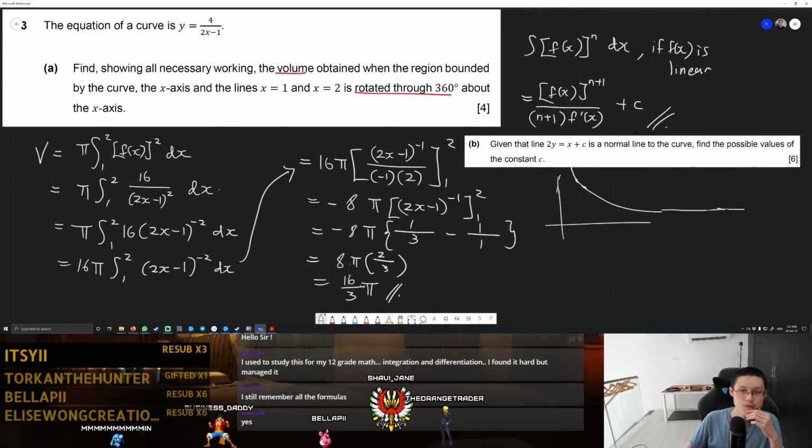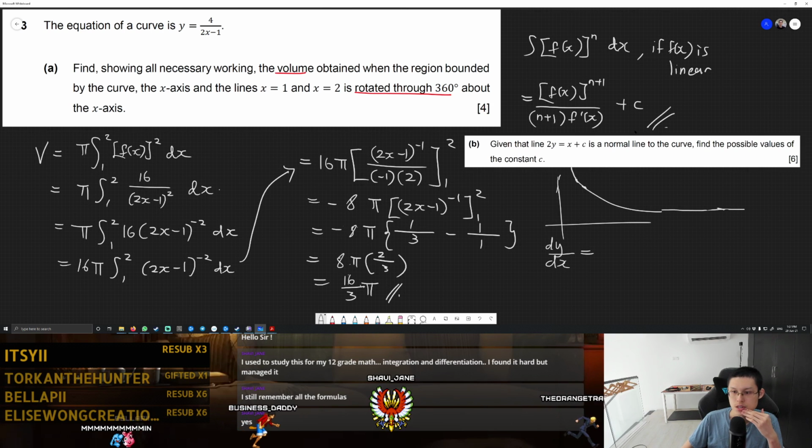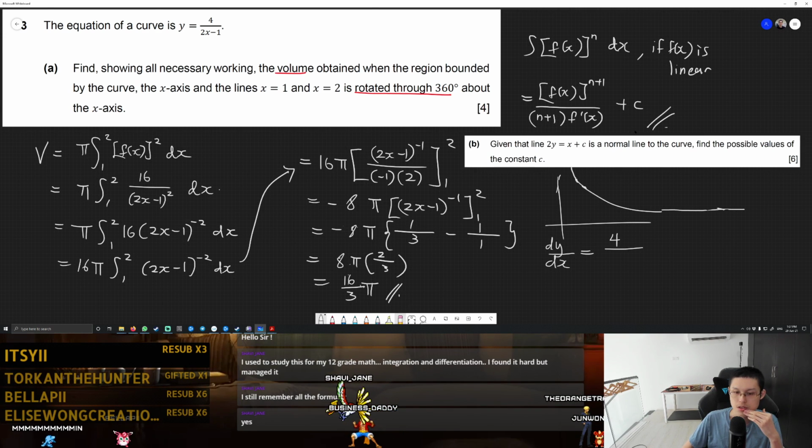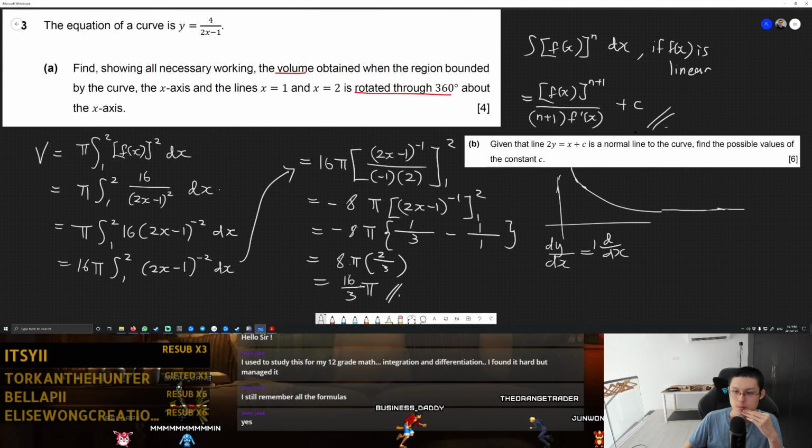Okay, suppose we want to find the equation of the tangent. What we'll do is we'll differentiate the function, which is going to give us d/dx, and we put a 4 up there. And then this is actually (2x minus 1) to the power minus 1.